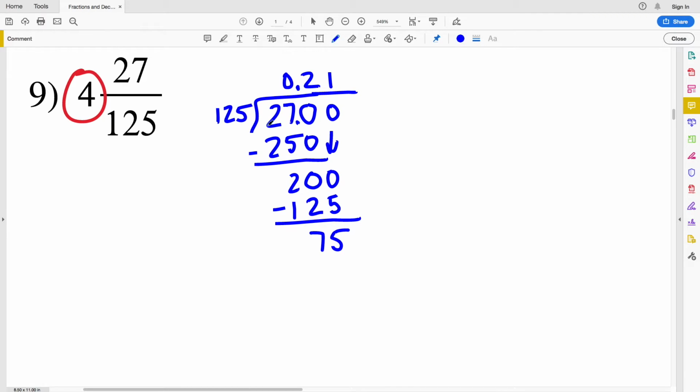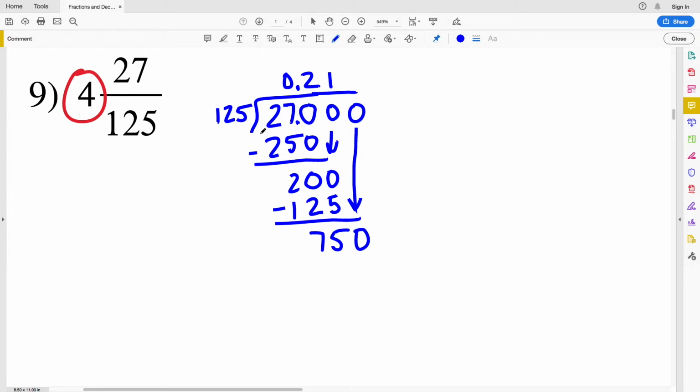And I know 125 doesn't go into 75, so another placeholder 0, bringing that down, I'll see how many times 125 goes into 750. So 750 divided by 125, well, I know 125 times 2 is 250, and 250 times 3 gives me 750. So doing a little bit of mental math, I know that 750 divided by 125 will be 6.